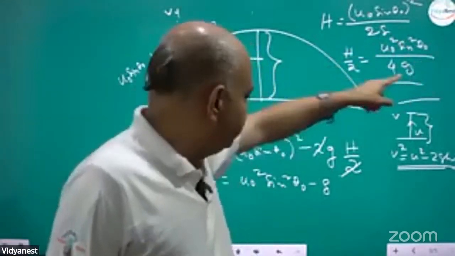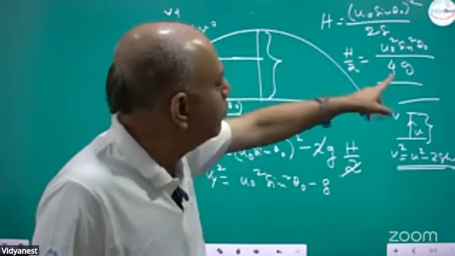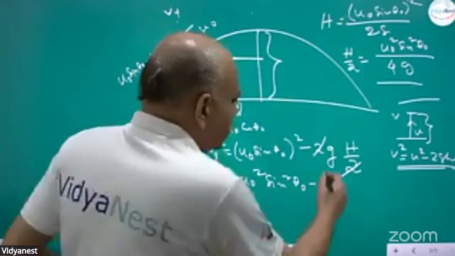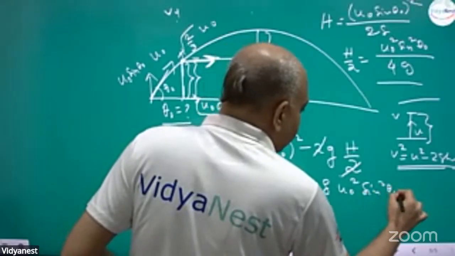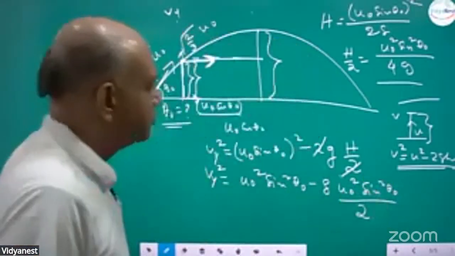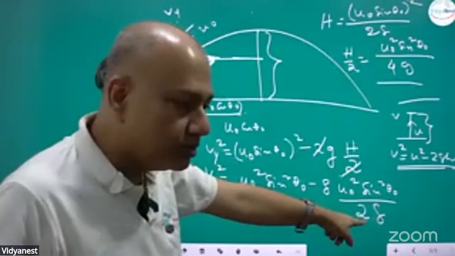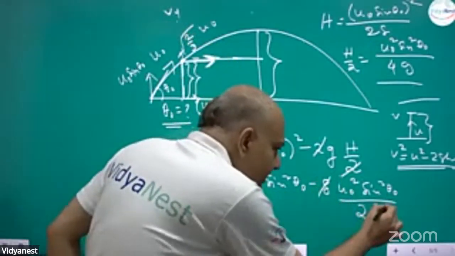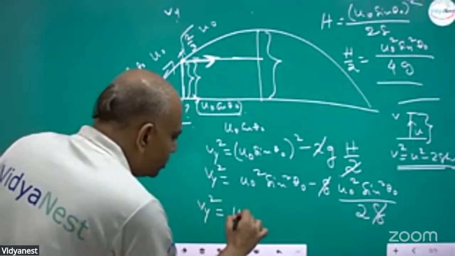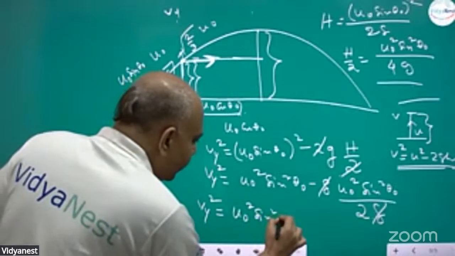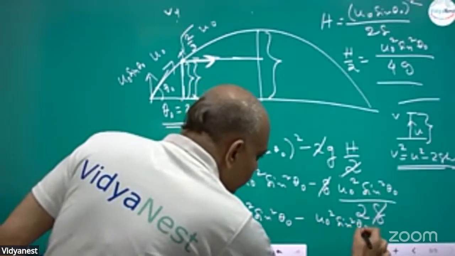times the value of h that we already know, u naught square sine square theta naught divided by 2g. Just putting in this value, g cancels out. So Vy square is equal to u naught square sine square theta naught minus u naught square sine square theta naught by 2.